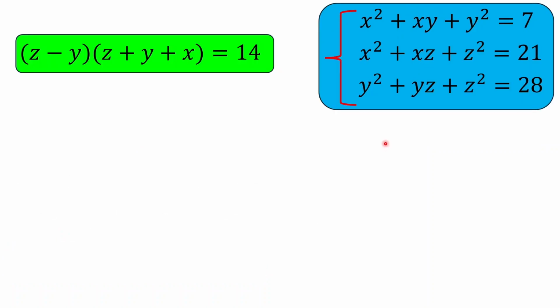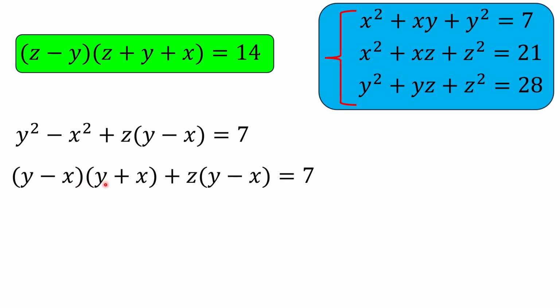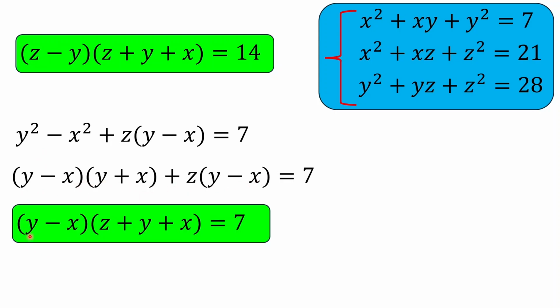Okay, next step we are going to subtract the third equation from the second equation. z² with z² disappear, y² minus x², z times y minus x. Again, we decompose this one, y minus x times y plus x, we factorize y minus x, and we get y minus x times z plus y plus x is equal to 7.